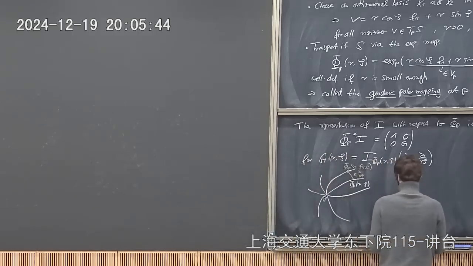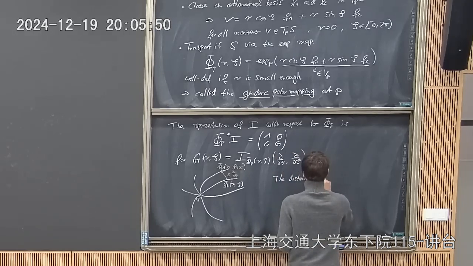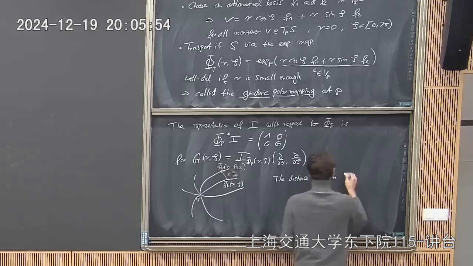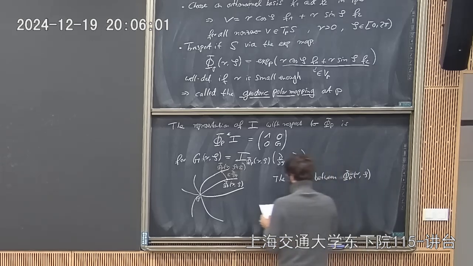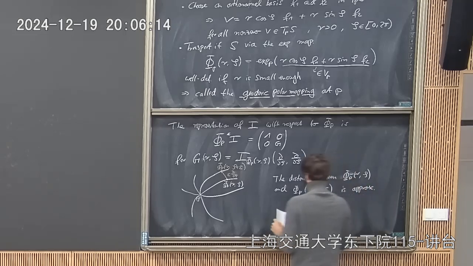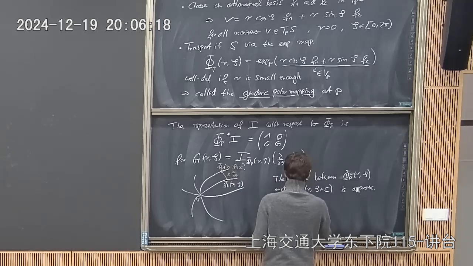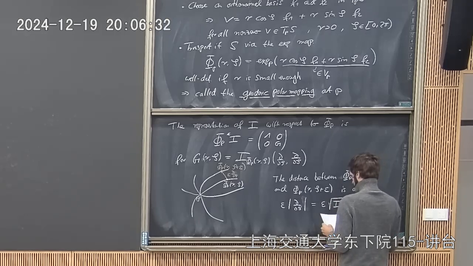So that means the distance between phi of p, r of phi, and phi of p, phi of epsilon is approximately the same thing as epsilon times the length of the vector d phi, which we know how to calculate, namely that's the norm with respect to the first fundamental form.